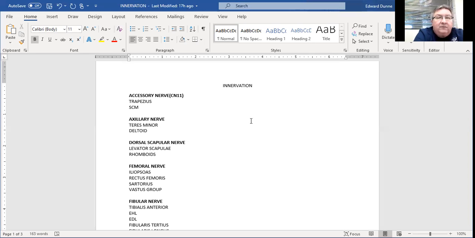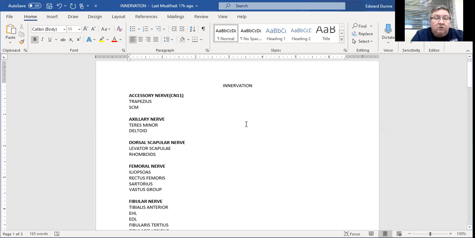The cranial nerves are basically nerves in the head and face that help us with swallowing and chewing and seeing and smelling. There are 12 of those nerves, and the accessory nerve is cranial nerve number 11.